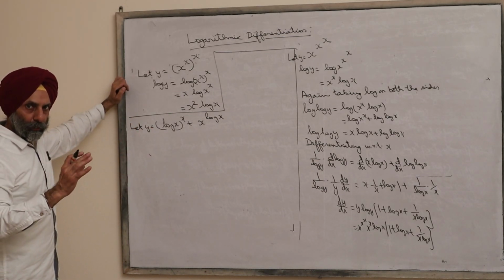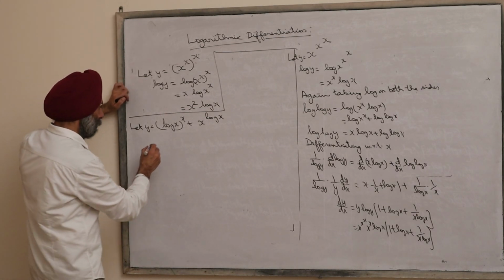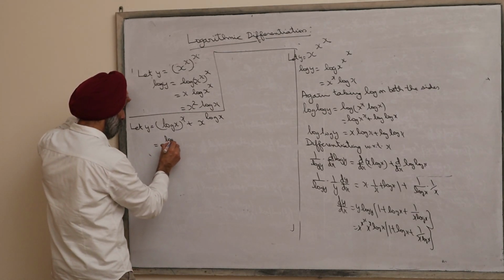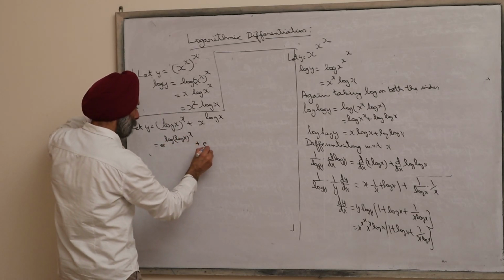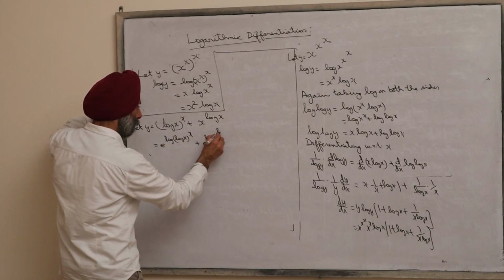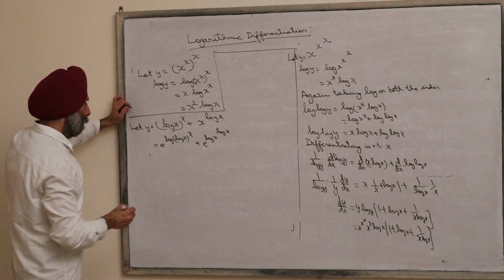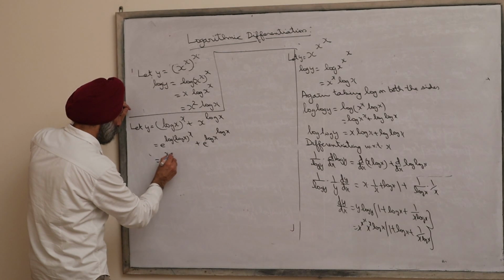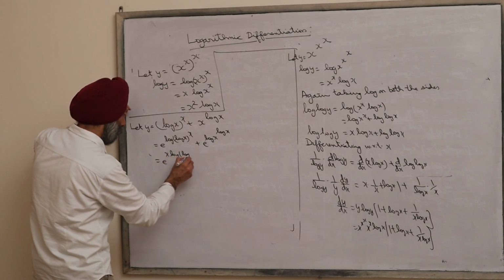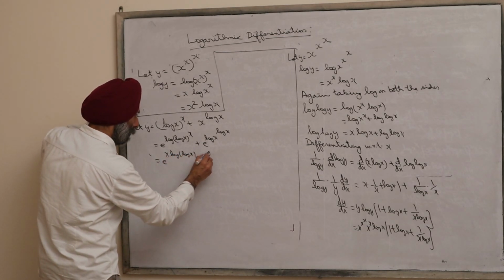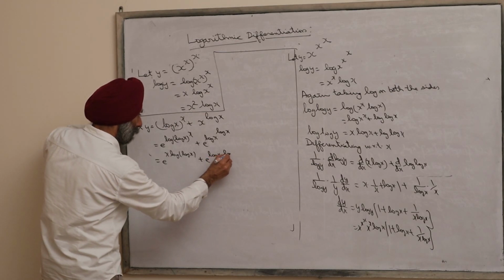Now the easiest way, particularly for these types of questions, is that it is e raised to power log of x raised to power x plus e raised to power log of x raised to power log x. Now can this be written as e raised to power x log of x plus e raised to power log x into log x?